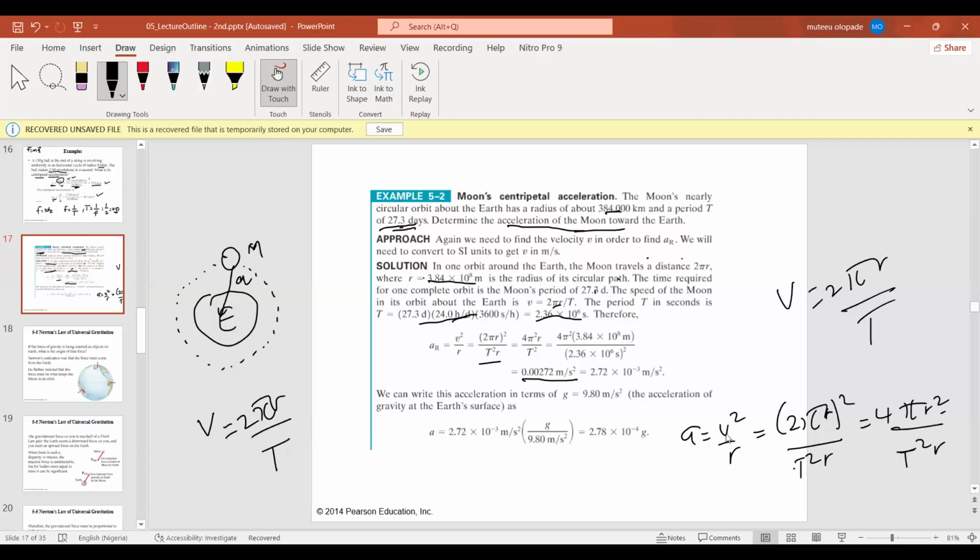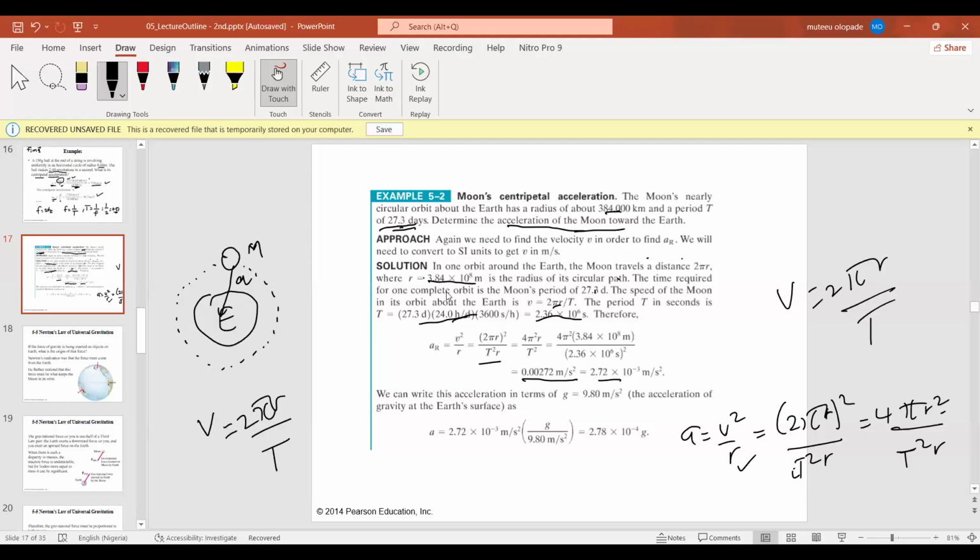So in place of v squared, if you put 2 pi r over t there, this will be squared, and 2 pi r also will be squared. So it will give you this. You can then slot in the radius given to you as well as the period which you calculated. So your answer will be this. I hope it is clear.